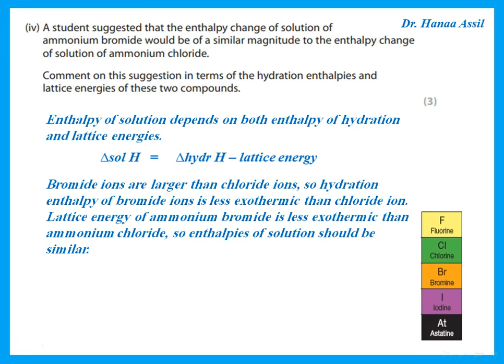Looking at the ions, you can see that bromide ions would be larger than the chloride ions. So the hydration enthalpy of bromide is less exothermic than chloride ions. But then the lattice energy of ammonium bromide is less exothermic, and the lattice energy has a minus in the equation. So minus of something that is already less exothermic, this will cancel each other, so the enthalpies of solution should be similar.